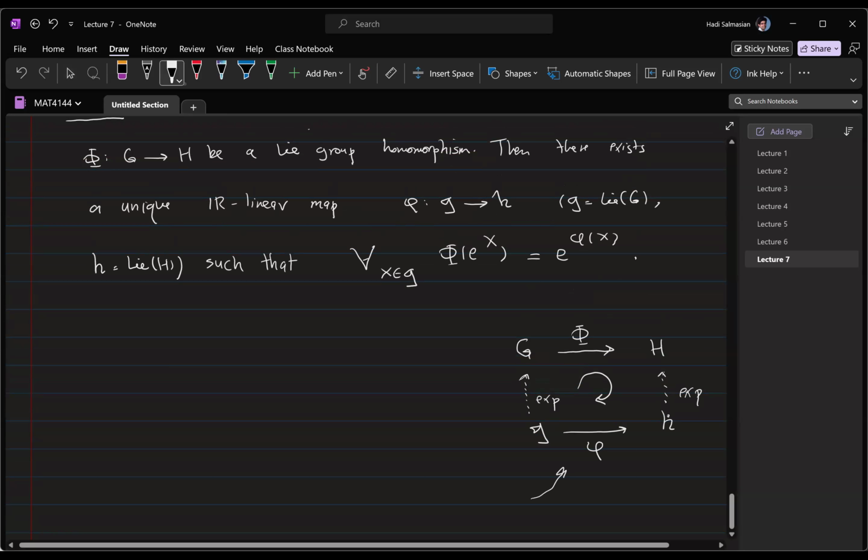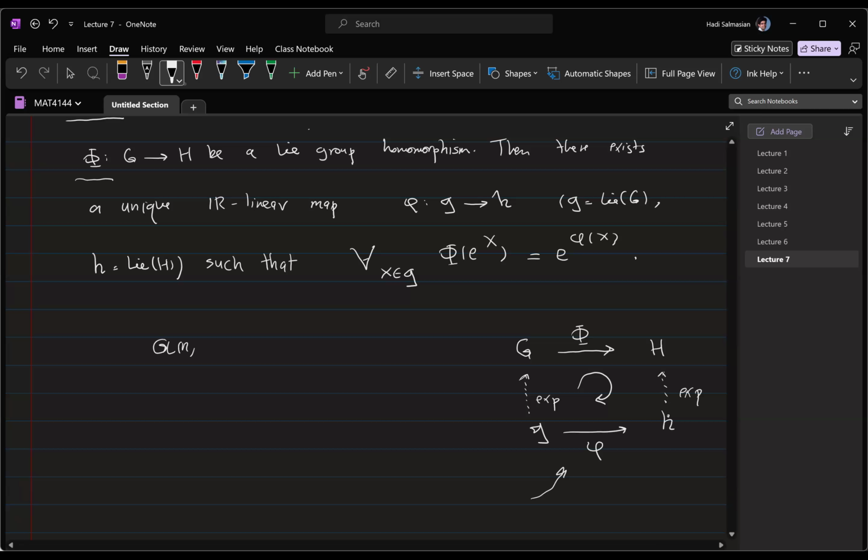If you're talking about complex Lie groups and hence complex Lie algebras, does it also turn out? That is right. Then in that case, I should assume that this map is a holomorphic map, because otherwise it cannot be just a continuous map. For example, even GL_n(C) can be thought of as a real Lie group, and it does have automorphisms which involve conjugation.